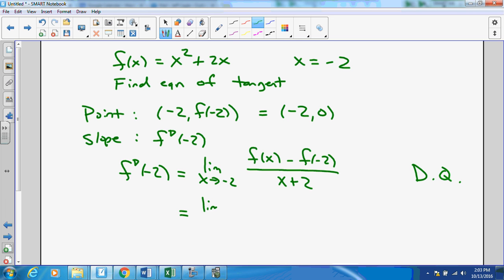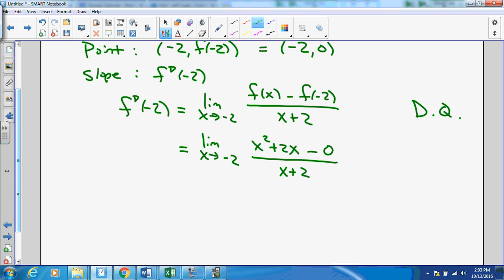Now we're going to do our substituting. Students like the alternate definition because the substituting conceptually is a little bit easier. f of x is x squared plus 2x. See how nice that is? And f of negative 2 is still 0. And you can check that the form of your limit is 0 over 0.